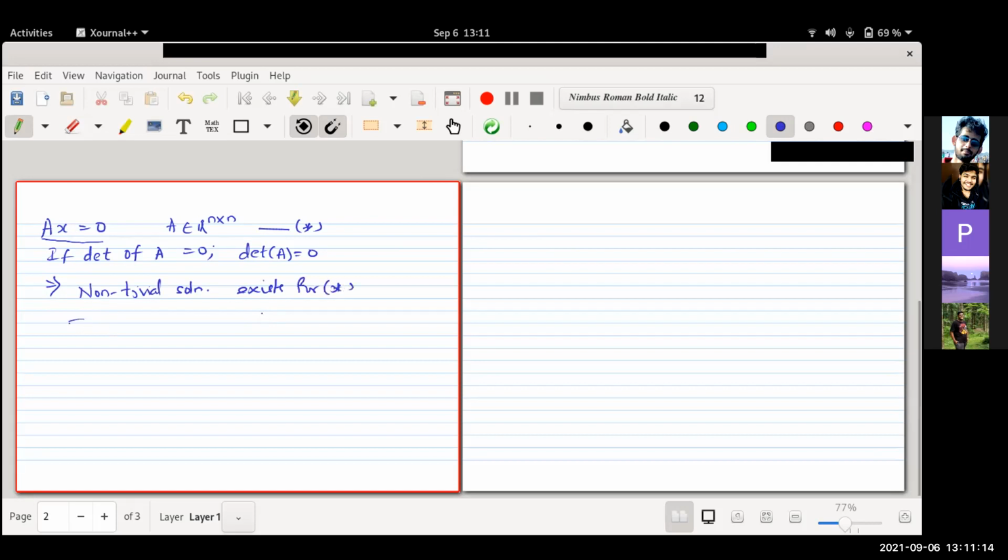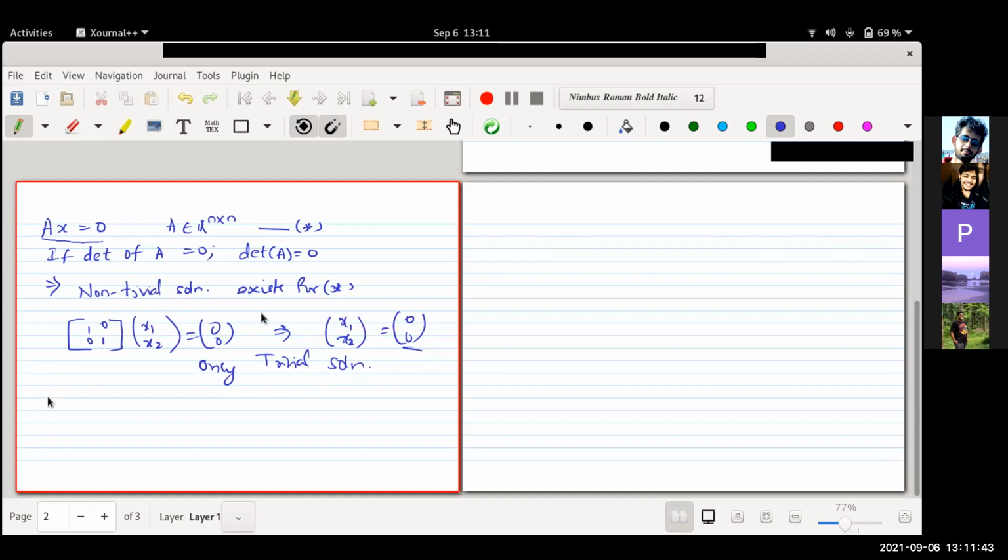So let us look at this equation. If this is your A matrix, what is the solution now for this system? Only one solution, the trivial solution. Only the trivial solution. That means the only solution for this system of equations is 0.